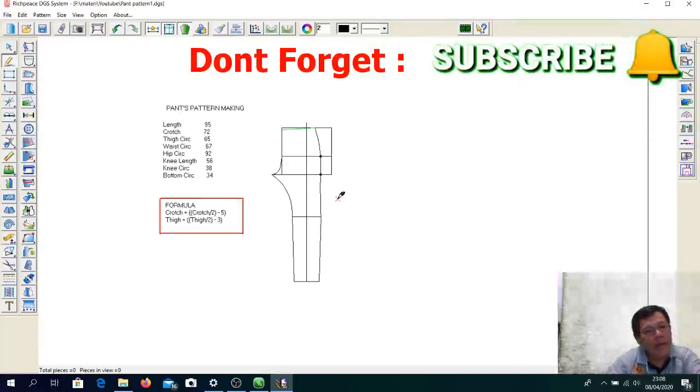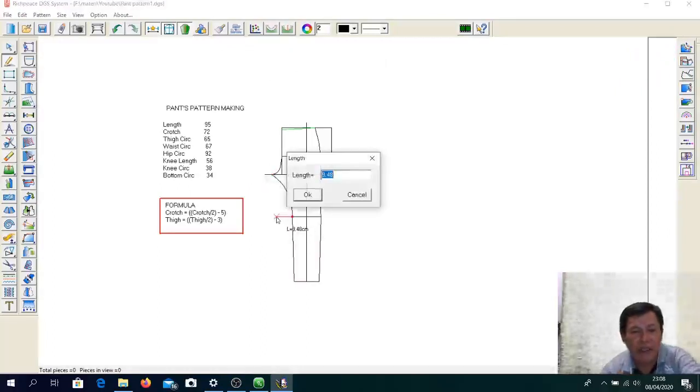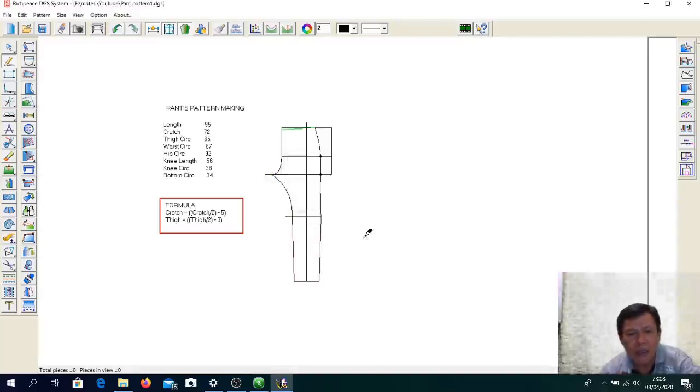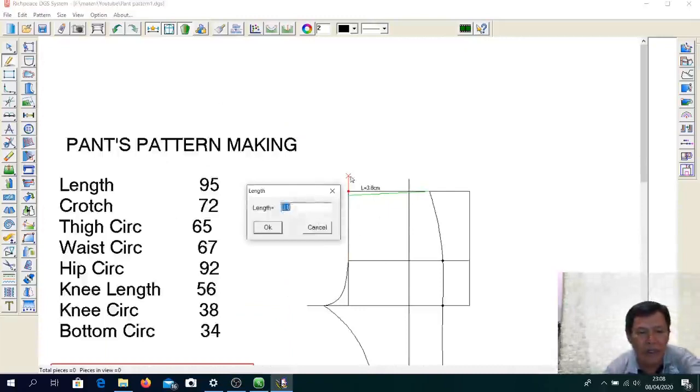Okay, we have already the front pattern for pants, and then we will make the back pattern. For the back pattern, we add 4 cm here, 4 cm here, and this is also the same, 4 cm. Enter. And then for the back pattern, we should add 2 cm.